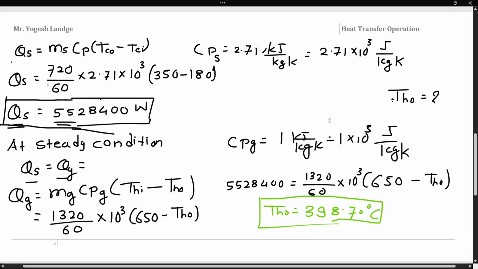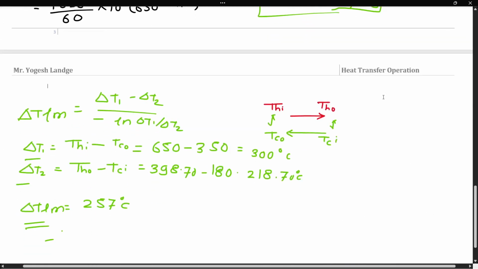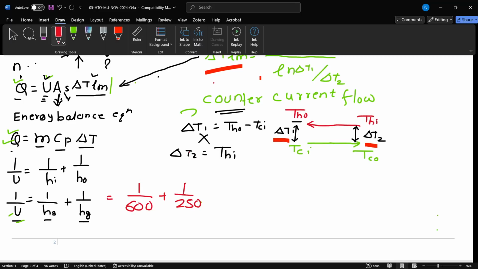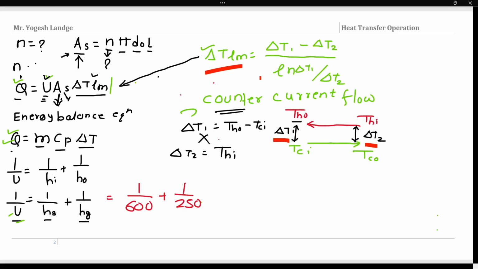We calculate those values accordingly, and after solving this one, we got a value of U equal to 180 watt per meter square per kelvin.